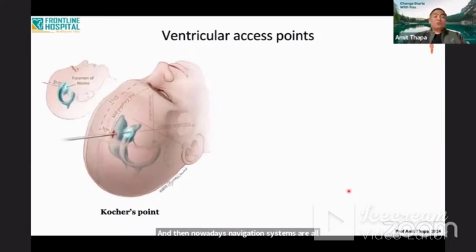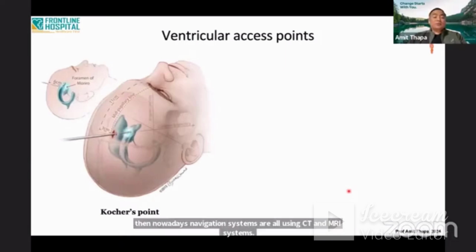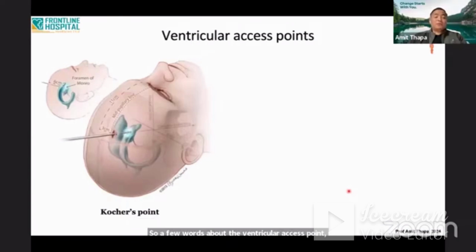So a few words about the ventricular access point, because this also uses the craniometric points to hit into the ventricle. The most common point which we all use for external ventricular drainage is the Kocher's point, which is a point 3 centimeter lateral to the midline and 1 centimeter anterior to the coronal suture, or 11 centimeter from the nasion.